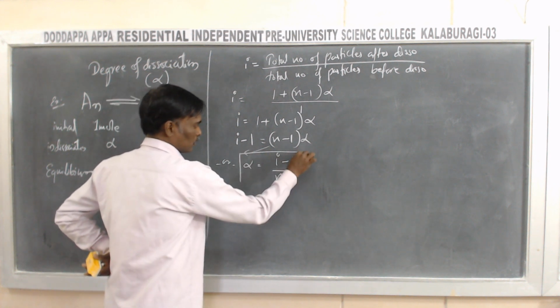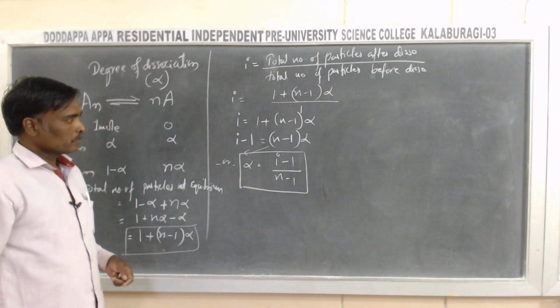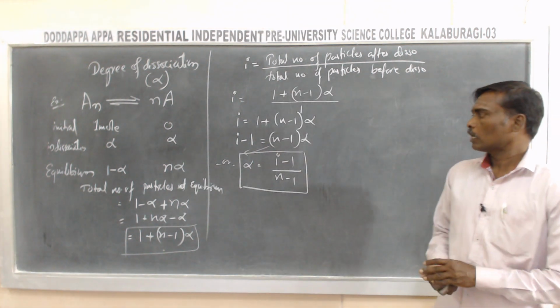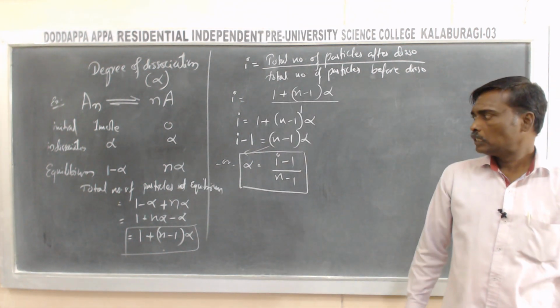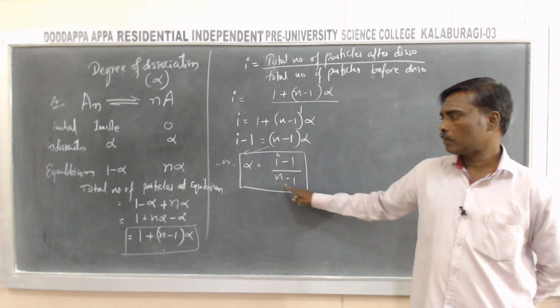So here this is the equation: alpha equals i minus 1 divided by n minus 1.